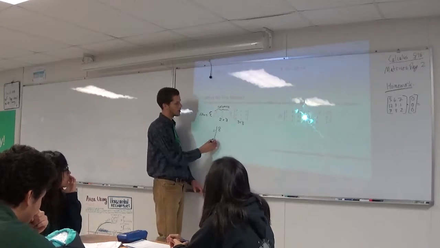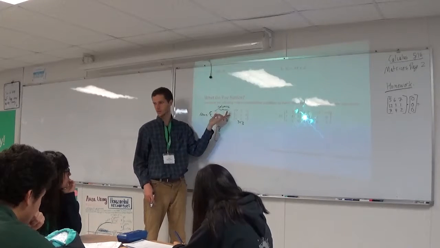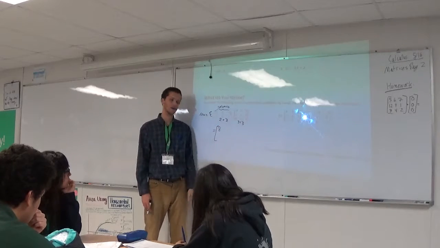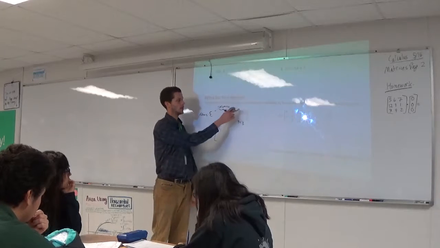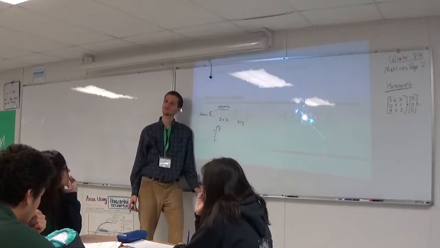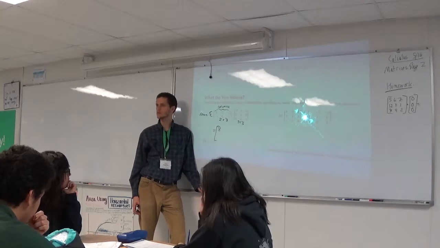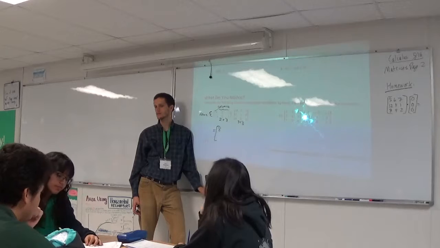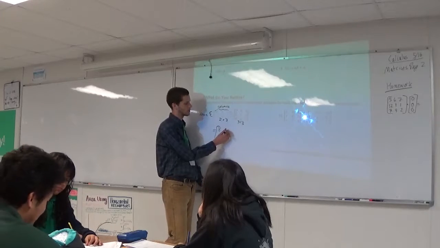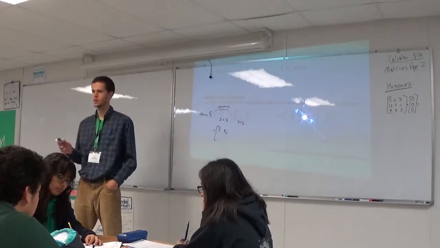Now to get the second number here, I'm still in the first row, so I still take the first row, and now I multiply it by the second column. 8 times 0, 5 times 1, negative 2 times 0. How do I get there? Five. See how I get 5?